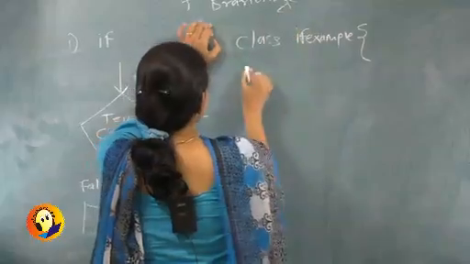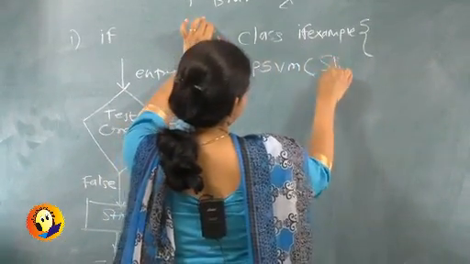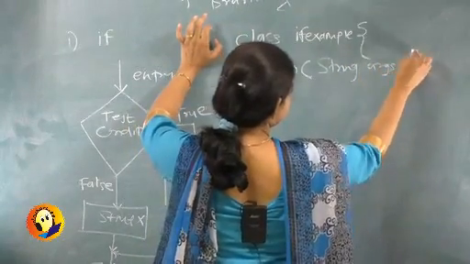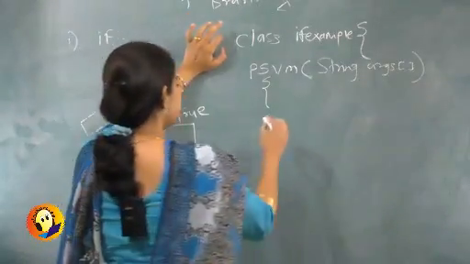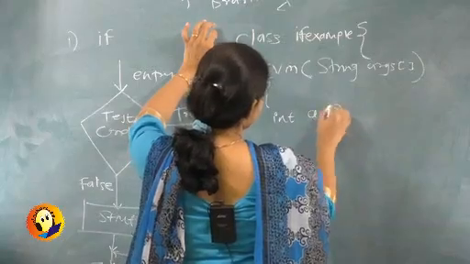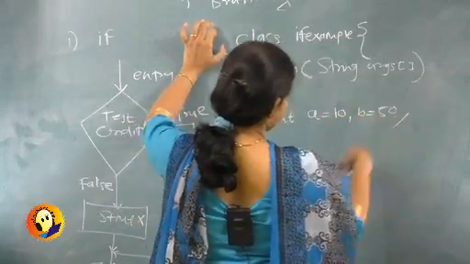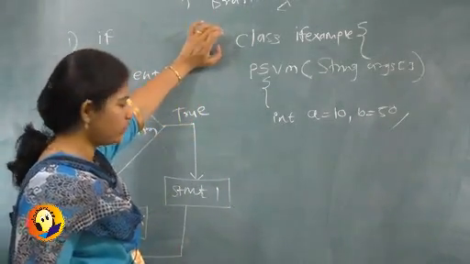In that, consider public static void main, in brackets String args array, open curly brace. In that, declare variables: int a is equal to 10, b is equal to 50.